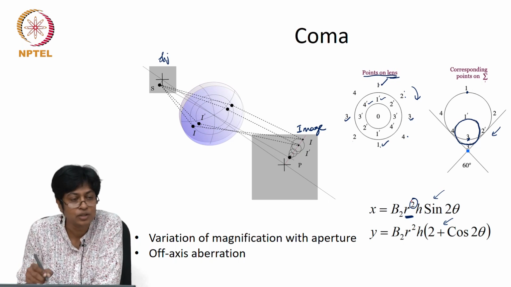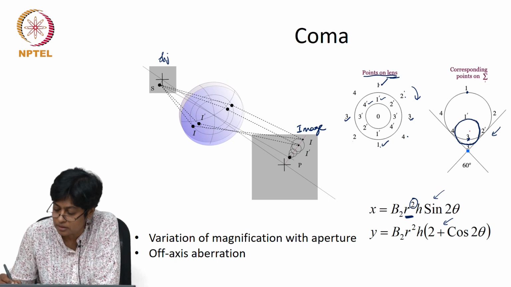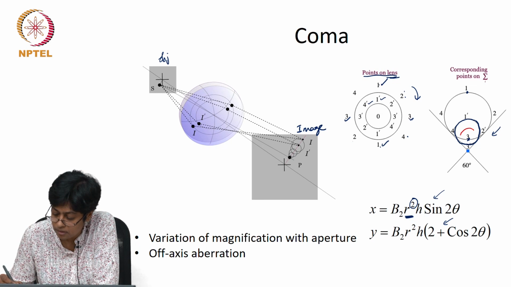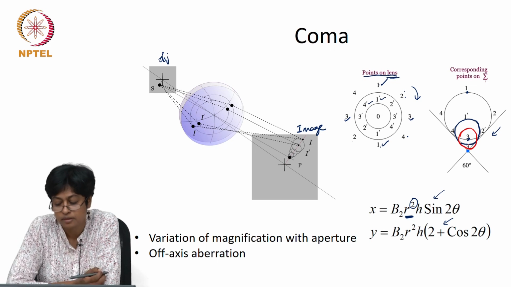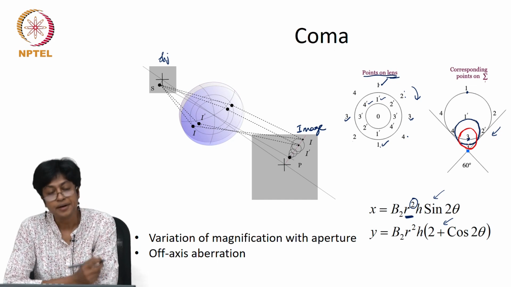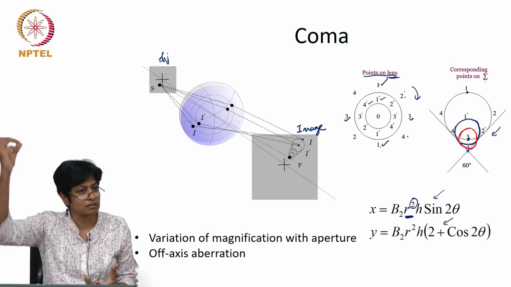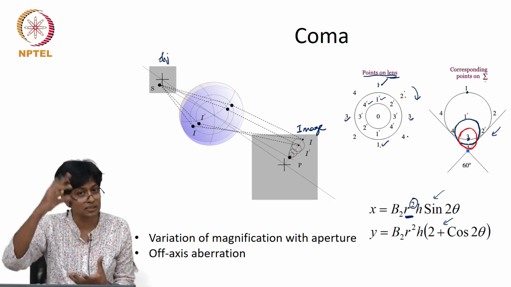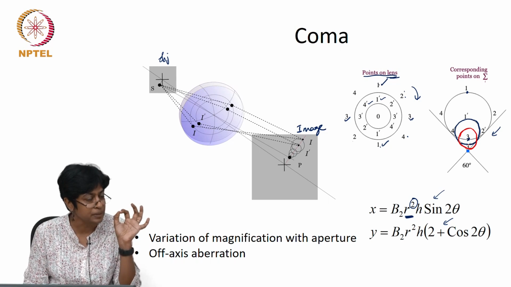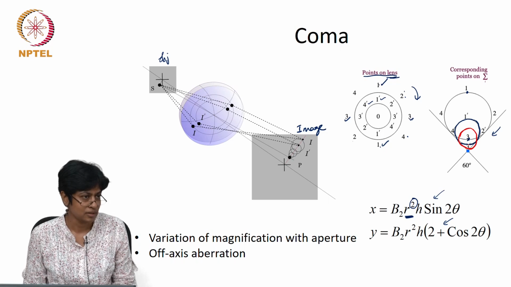Every annulus on the lens is going to give you a slightly displaced circle here. You'll have another circle and so on, right? So you have this, it's called coma because it has this comet-like tail. That's the kind of image you get. For every image that should have looked like a point, you have a comet-shaped image.